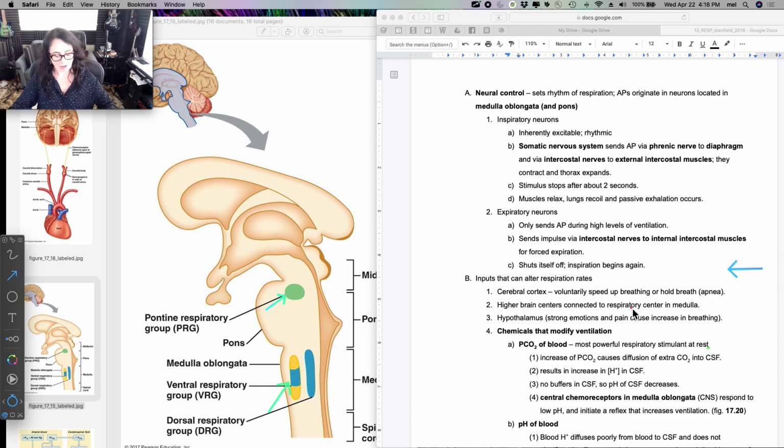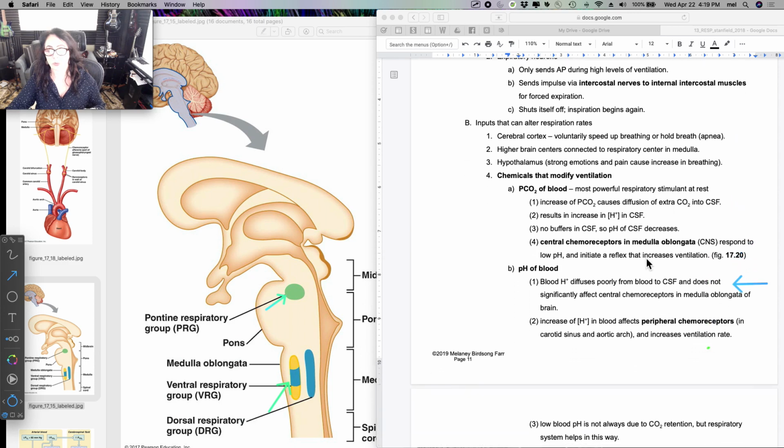Okay, so now let's talk about what can change your rate of ventilation. So what changes how quickly you breathe? Well, a couple things, and some of them will make sense to you immediately. One of them is, since my cerebral cortex has the capacity to kind of override my pons and my medulla oblongata up to a point, I can hold my breath.